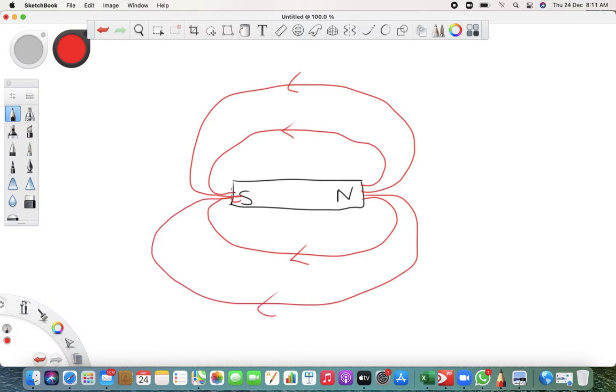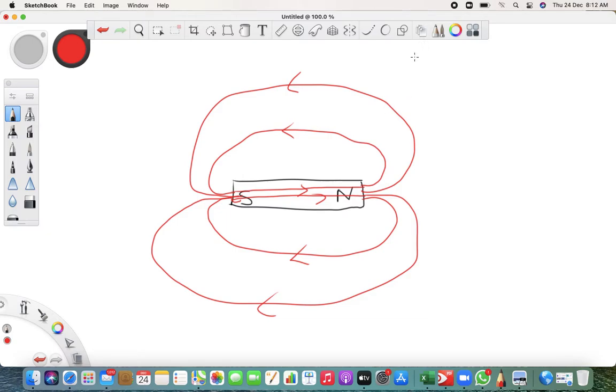And inside it is from south to north, and they are parallel to each other. So the direction of the magnetic field outside the magnet is from north to south, and inside it is from south to north.